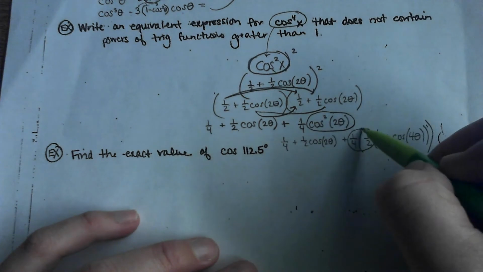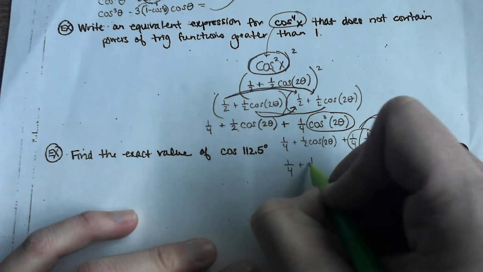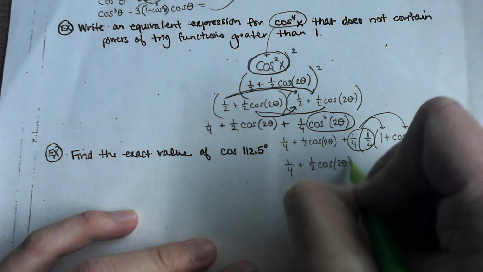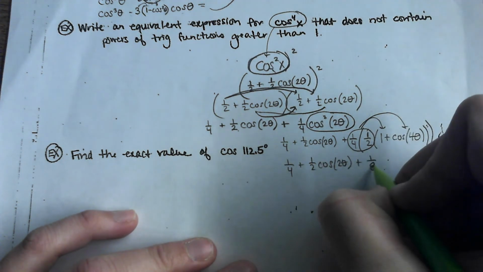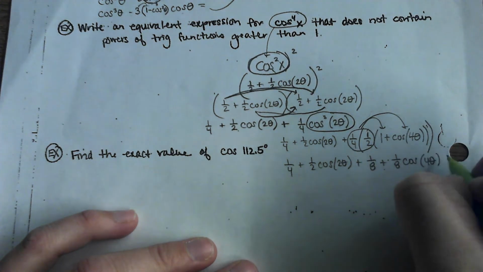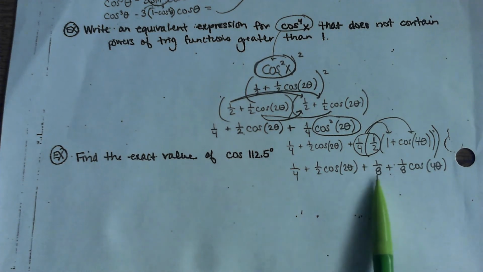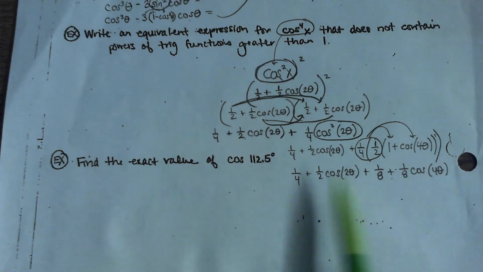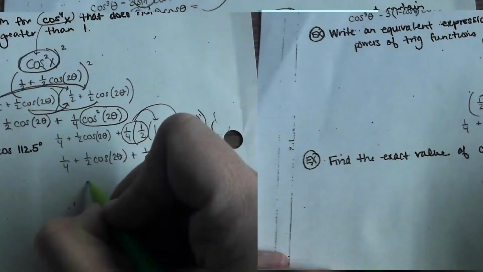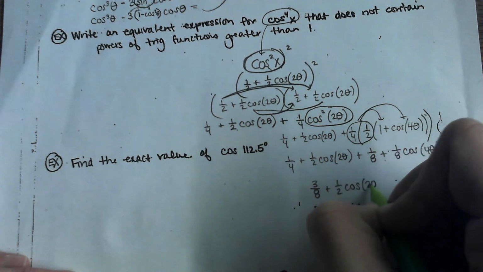That's just going to be 1/8 distributed in. So 1/4 plus 1/2 cosine of 2 theta plus 1/8 plus 1/8 cosine of 4 theta. And then you can combine 1/8 with 2/8 technically and make that 3/8, just to combine like terms. But then we can be done.